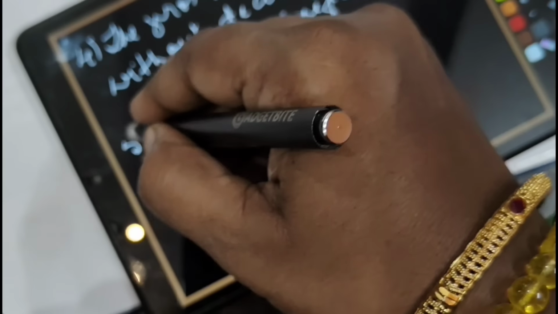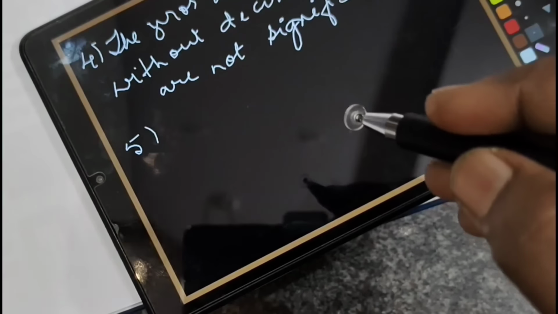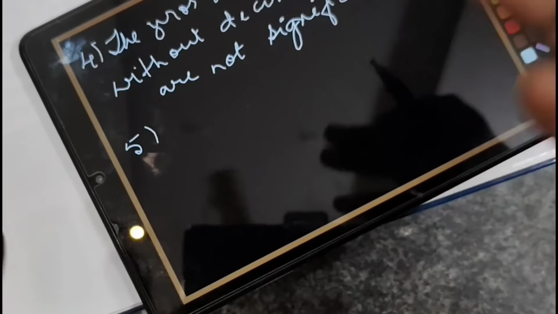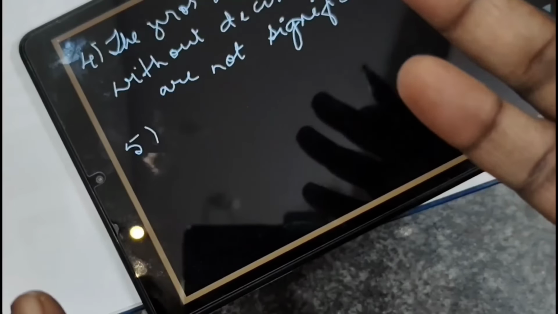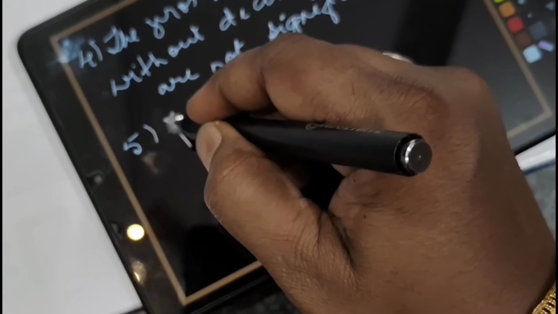Fifth one is the zeros at the end of a number with a decimal point are significant.